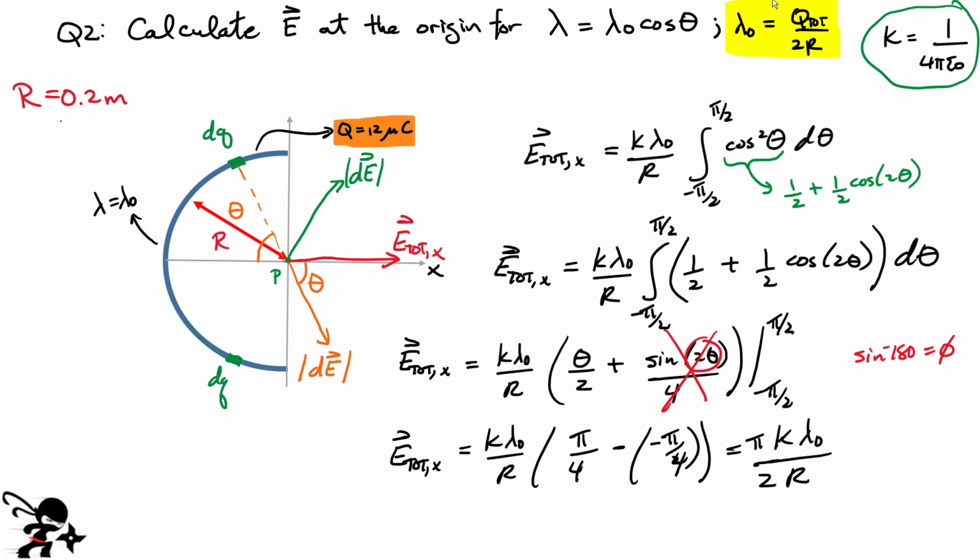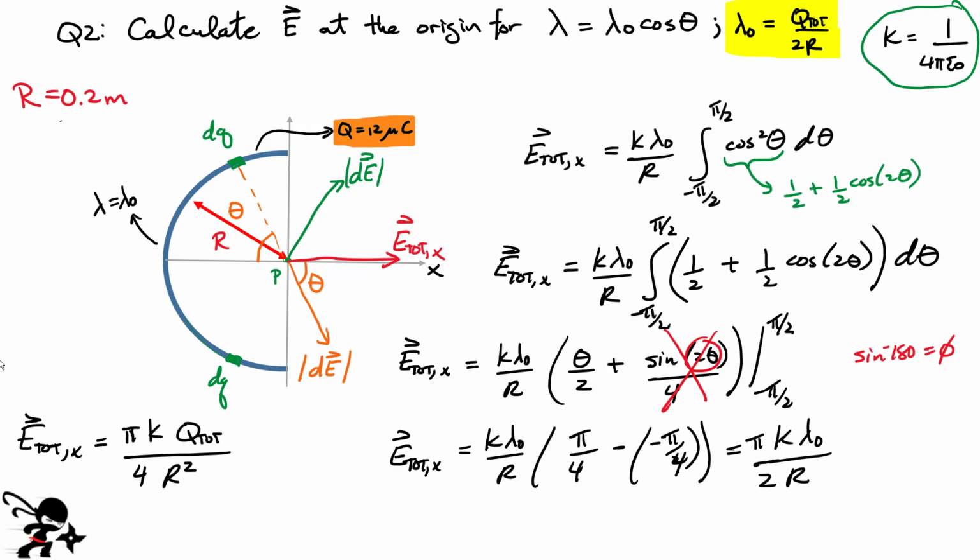Now, what you can do again is go ahead and substitute in what lambda 0 is. So let me do that over here. My substitution for lambda 0 is going to write it in terms of the total charge, right? So I get pi k Q total, divided by 2r, which becomes 4r squared at the end of the day.